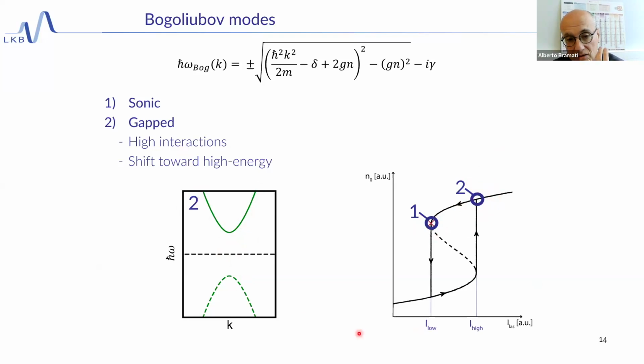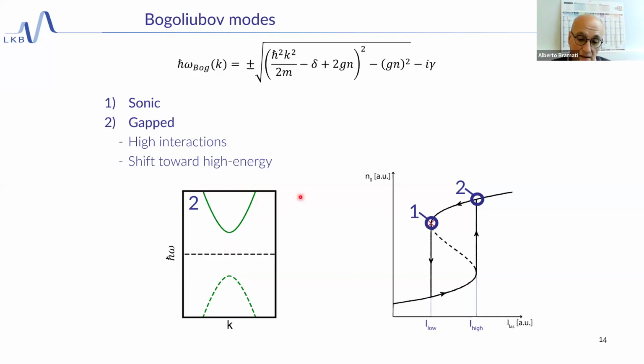This means that the excitations are now not phonon-like, but massive. This is a specificity of the polaritonic driven-dissipative system, which is not present, for example, in the atomic Bose-Einstein condensate.